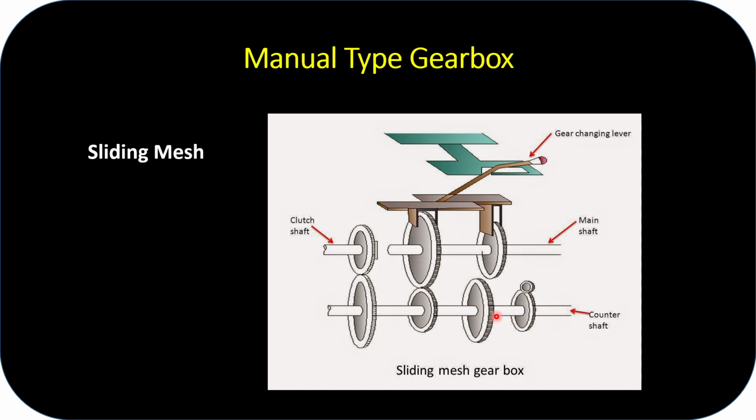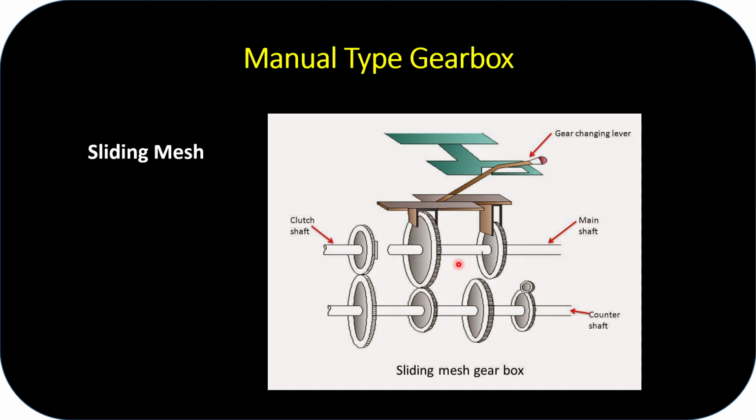Next is the sliding mesh. As the name indicates, the gears are allowed to slide on the output shaft, and all other parts of the lay shaft and input shaft are the same as those of the constant mesh. The only thing is that the gears are not always in constant meshing position.